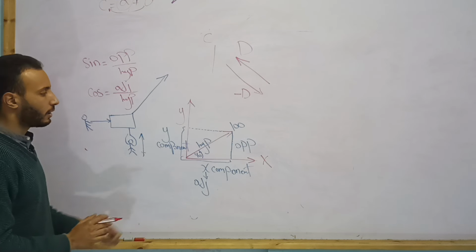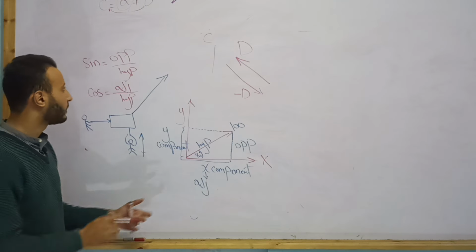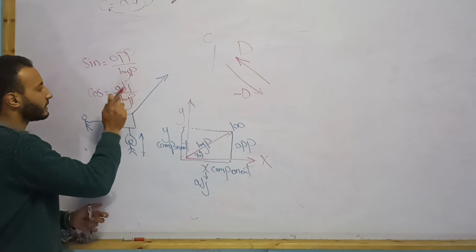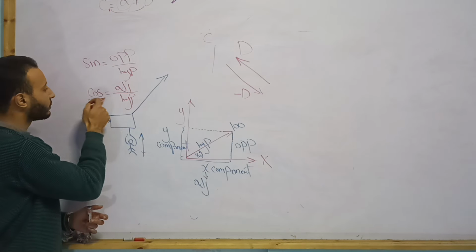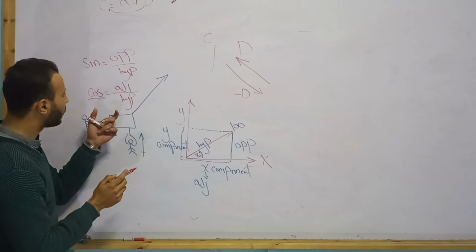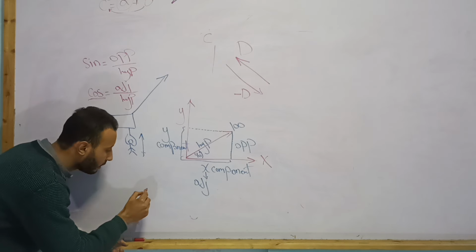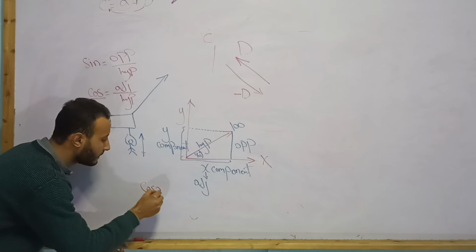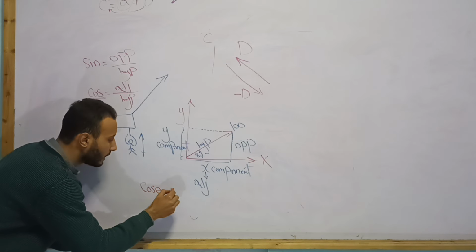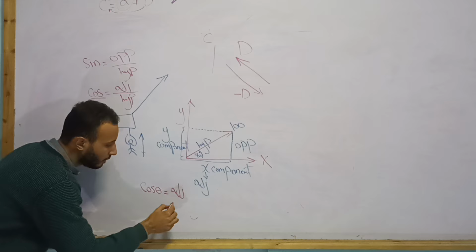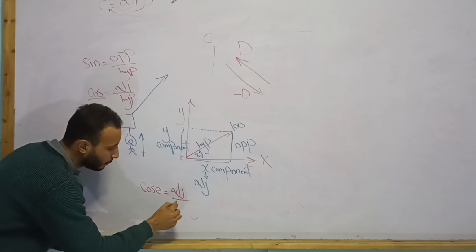Which one of them contains hypotenuse and adjacent? This is the cosine. Cosine theta is equal to adjacent over hypotenuse. I'll write it down here.